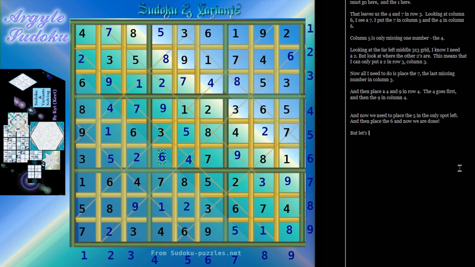But let's look at this again. Notice that every diagonal line does not have any repeating numbers.